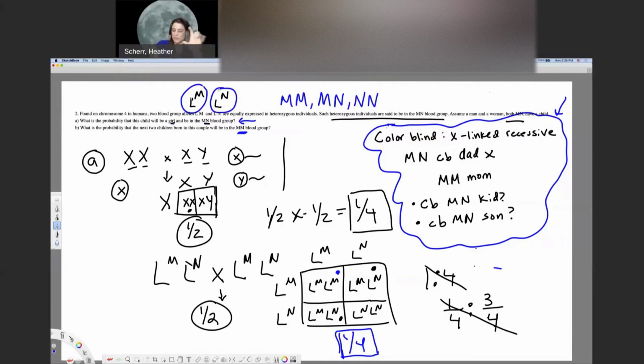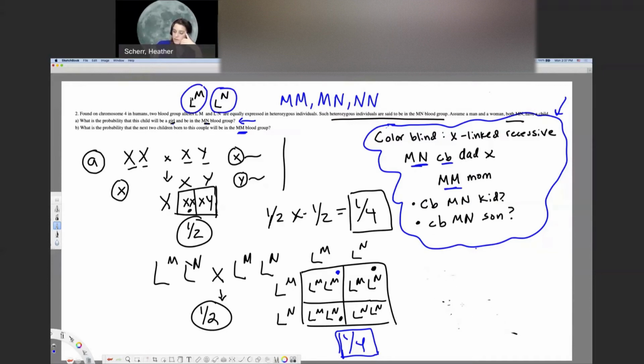And again, they're just like proteins with carbohydrates on the outside of red blood cells. So I'm combining that with the X-linked recessive. So we have a dad that's colorblind and has this blood type, and a mom who's not colorblind and has that blood type. And I want to know what's the probability she has a colorblind heterozygous son. And we don't know if she's heterozygous herself.